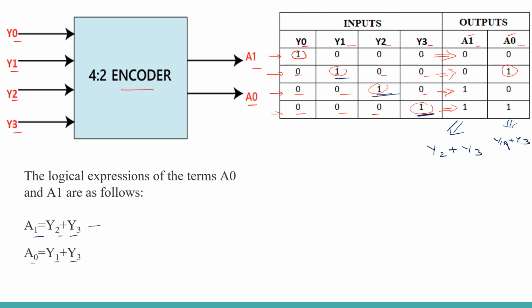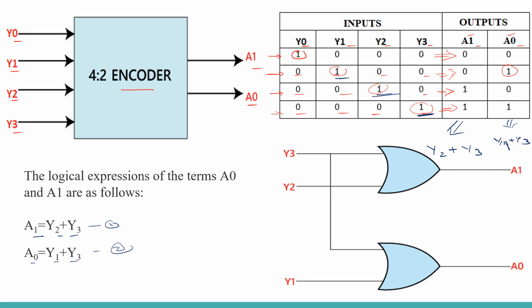By using these two expressions, I will show the corresponding logic diagram. A0 is simply the addition of Y1 and Y3, and for addition we simply use an OR gate.